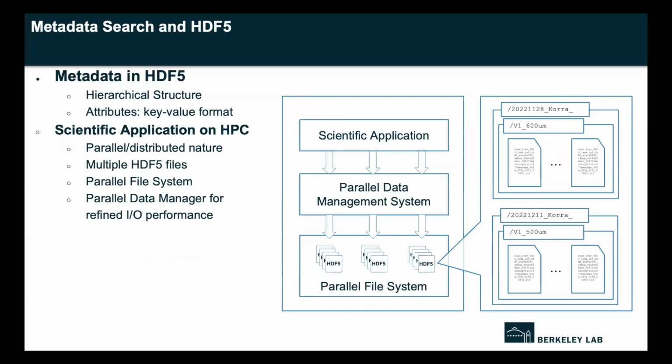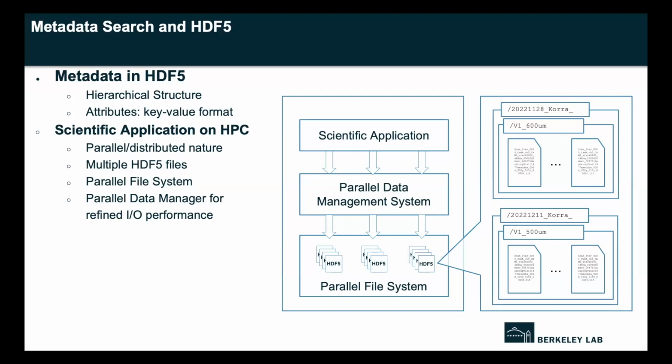Now let's take a look at metadata search in HDF5. The metadata in HDF5 is organized in a hierarchical structure, and the attributes are still in key value format. Most scientific applications today are parallel or distributed, and they might want to access multiple different HDF5 files or other scientific data formats.